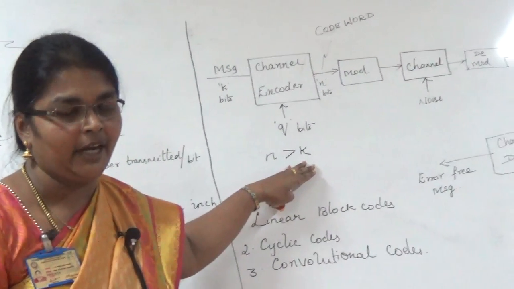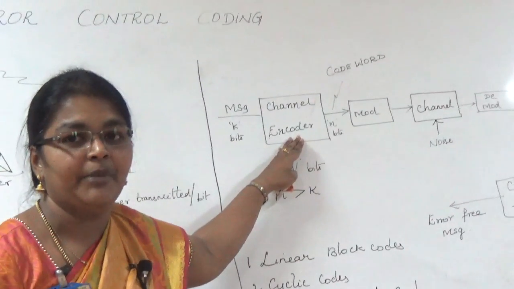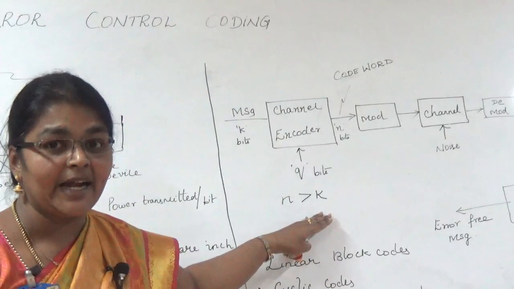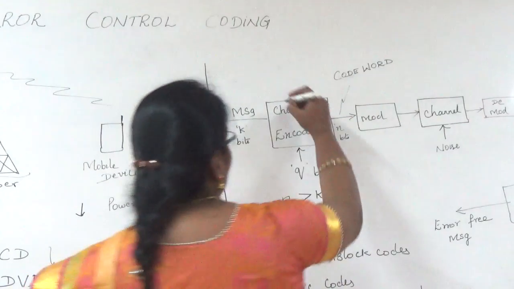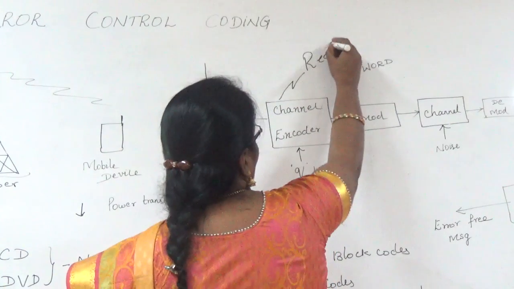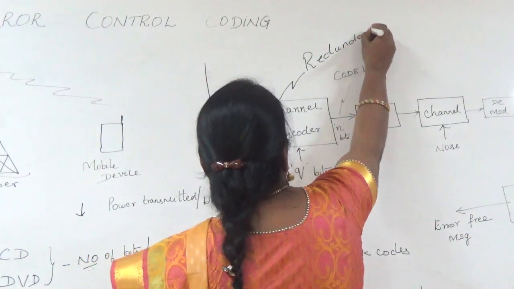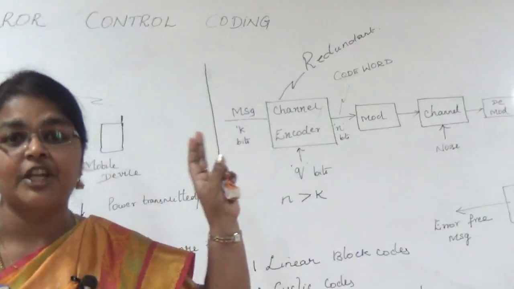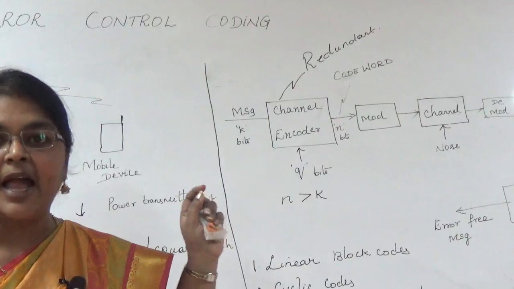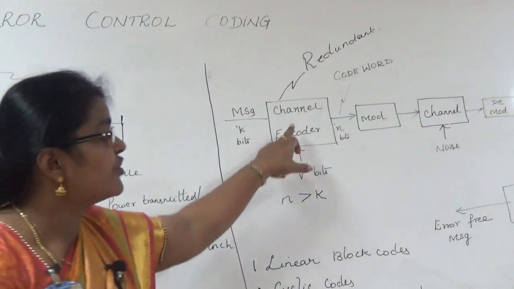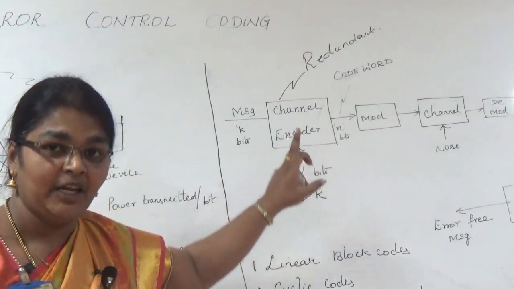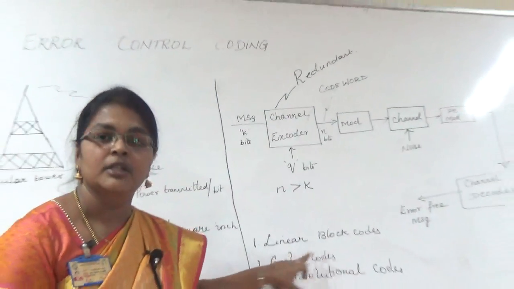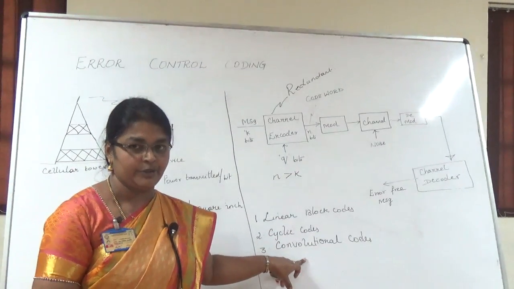So the input to the channel encoder is k bits, the output is n bits, and n is greater than k. What is the function taking place in the channel encoder? The channel encoder adds some extra bits, and those extra bits are called redundant bits. These redundant bits play a major role in detecting and correcting the error. The channel encoder can be designed using linear block codes, cyclic codes, or convolutional codes.